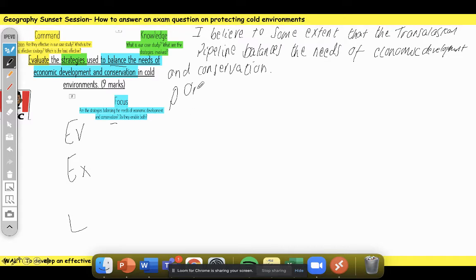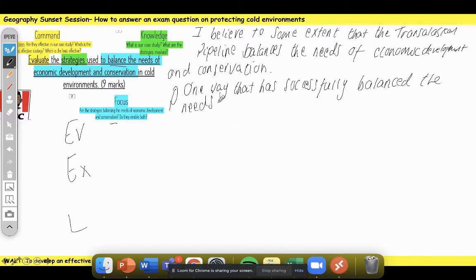So one way that has successfully balanced the needs of economic development in Alaska is the use of technology.